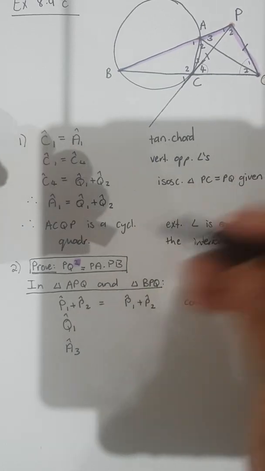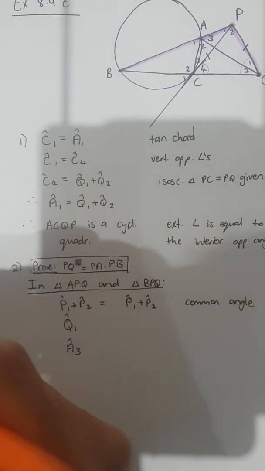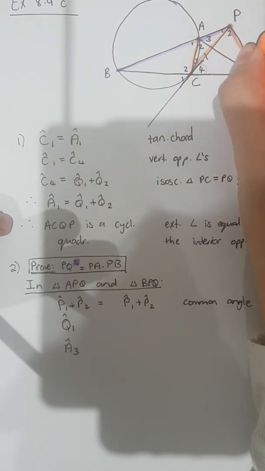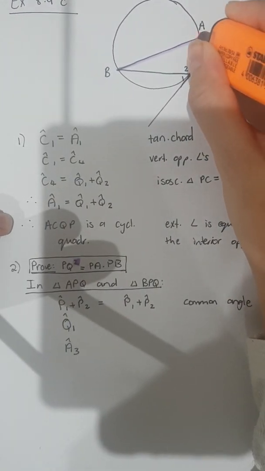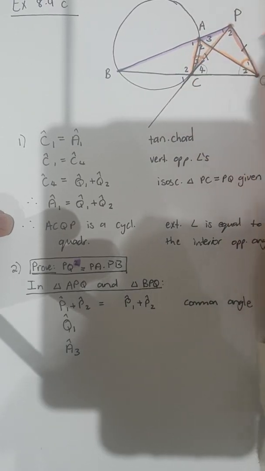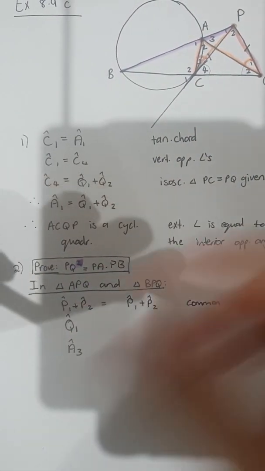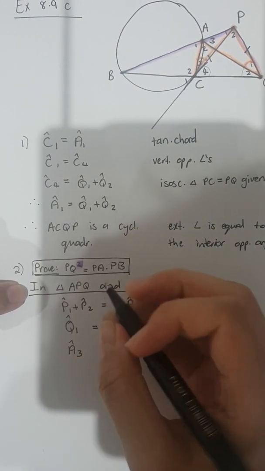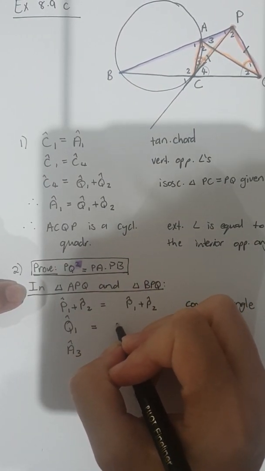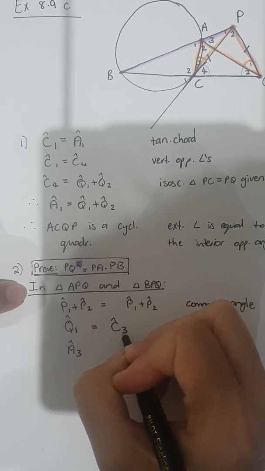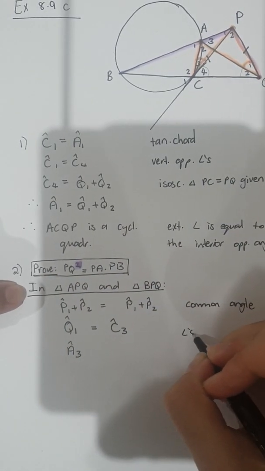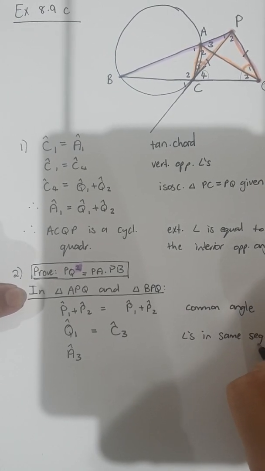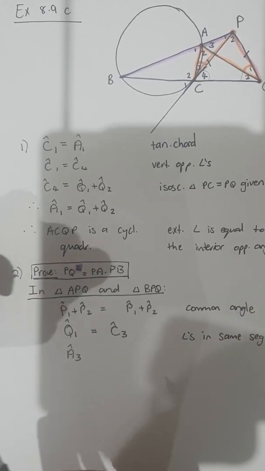So Q1, I can see over here. There's my butterfly. And remember, you will never prove a cyclic quad unless you're going to use it. So Q1 is actually equal to C3. Okay, it's angles in same segment, and I can now use that reason because I've proven a cyclic quad.